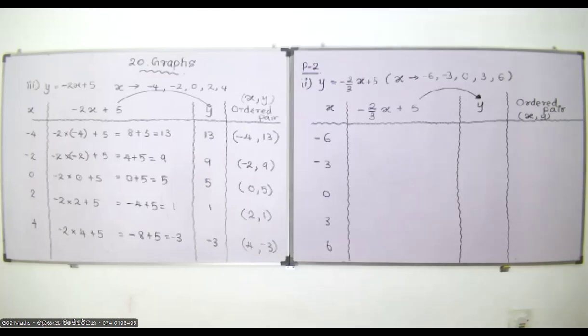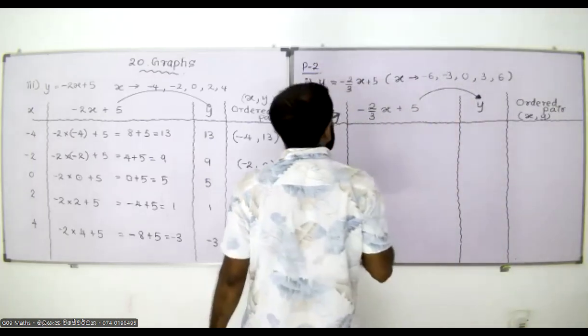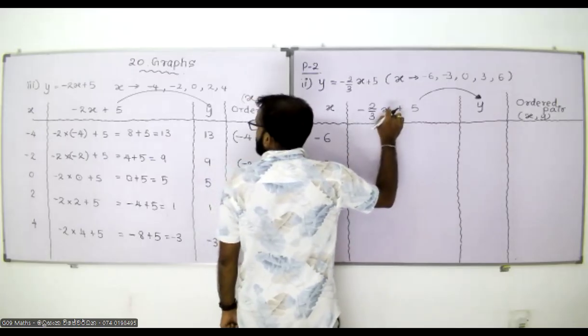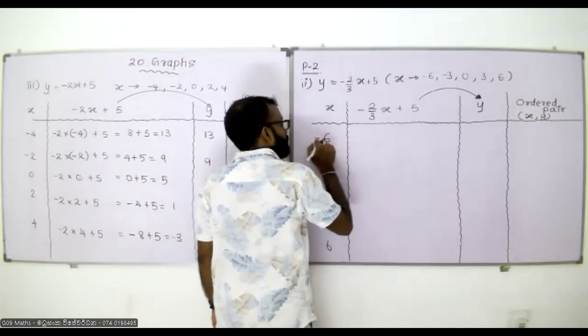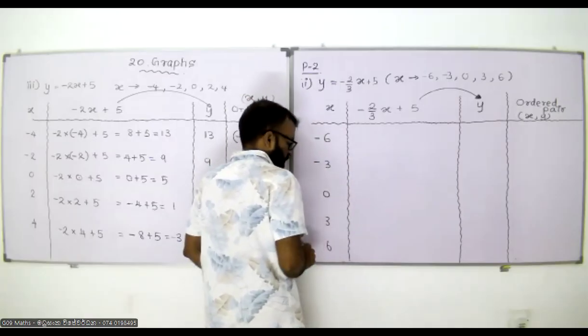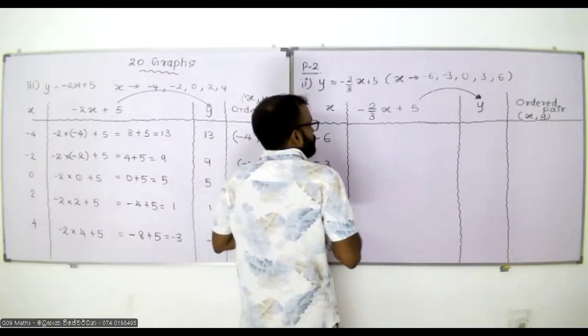Next. So here, instead of x, you are going to substitute these values: -6, -3, 0, 3, and 6. Correct? Okay.